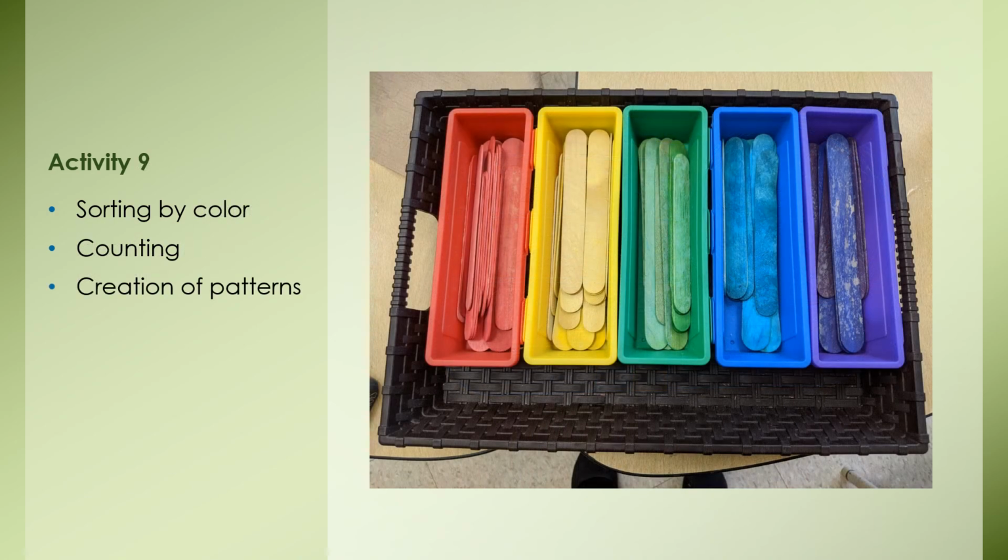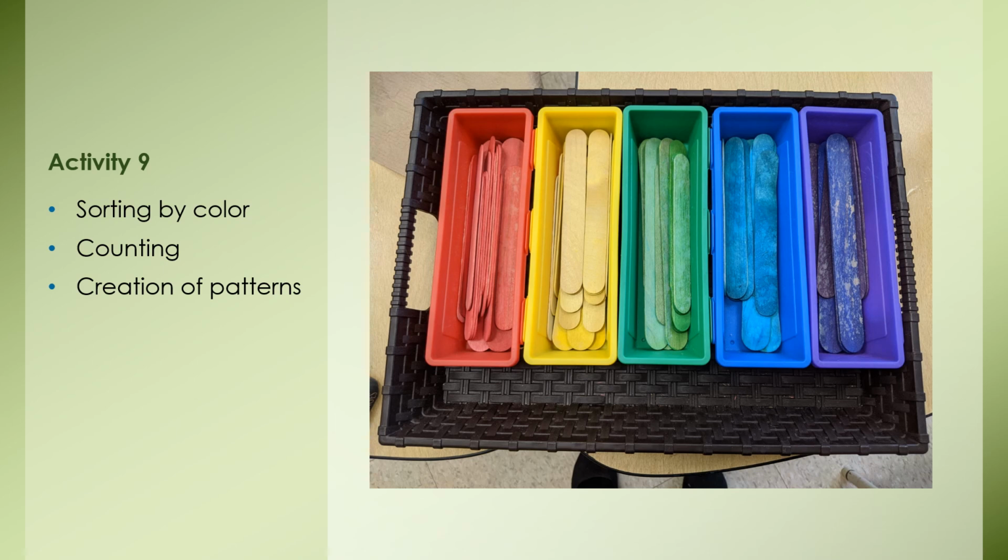This is another activity for sorting. Here it is just sorting and identification of colors. You can ask the kids to tell you the name of the color, and then you put everything inside this big container. Ask the kids to mix, so it's a game for them to mix as well.